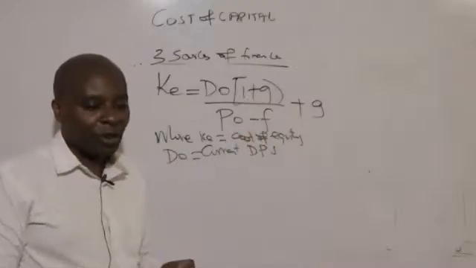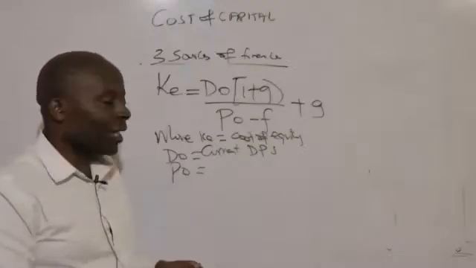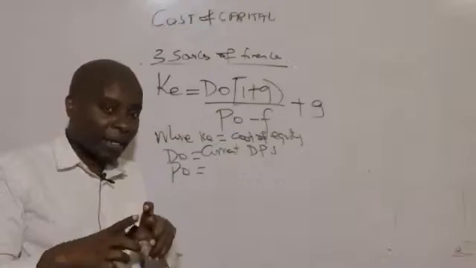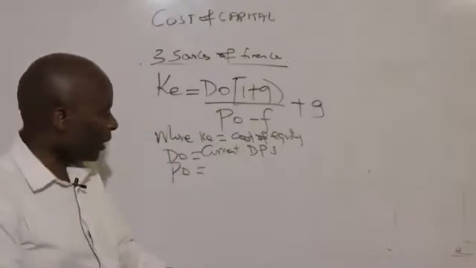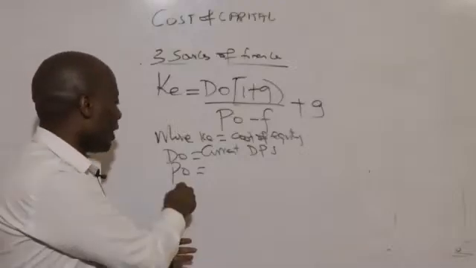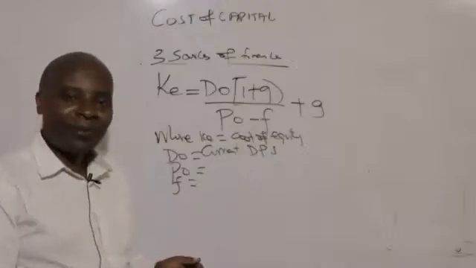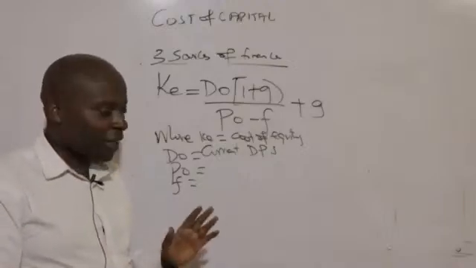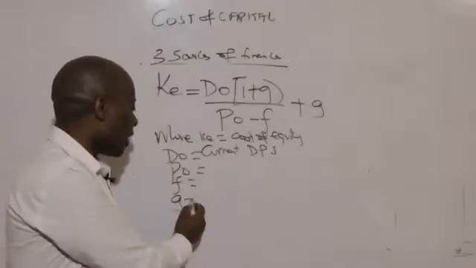And then we have P0. P0 is the current market price per share, current because of 0. And then we have F. F, ladies and gentlemen, stands for flotation cost. And then we have G. G stands for growth rate.